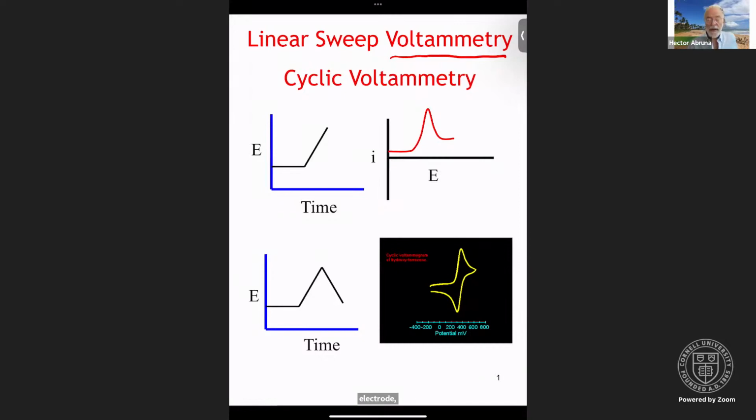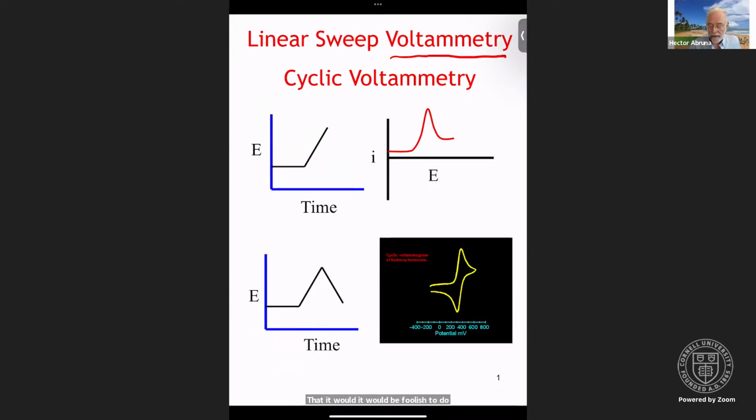The appropriate technical name would be linear potential sweep chronoamperometry, because we're measuring current as a function of time. But nobody calls it that. We will call it cyclic voltammetry because the term is so ingrained that it would be foolish to do otherwise.